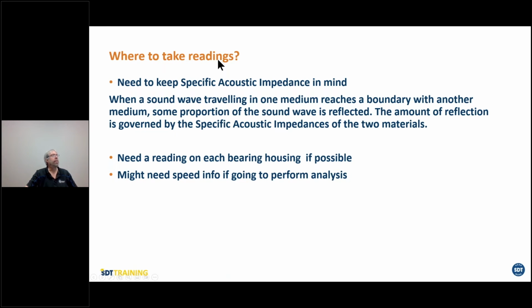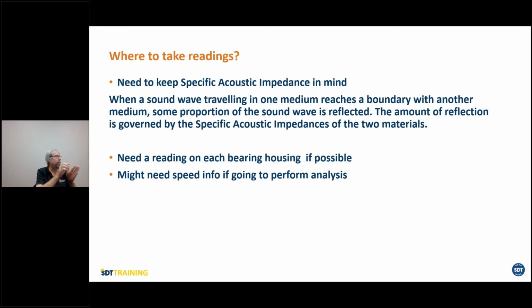Where to take the readings? Another good question we have. Well, you need to take into account what we call the ultrasound specific acoustic impedance. It's basically resistance. When a sound wave travels in one medium and reaches a boundary with another medium, some portion of the sound waves reflect. In other words, when I go from one type of metal to another type of metal, at the transition we lose sound. Some is reflected.